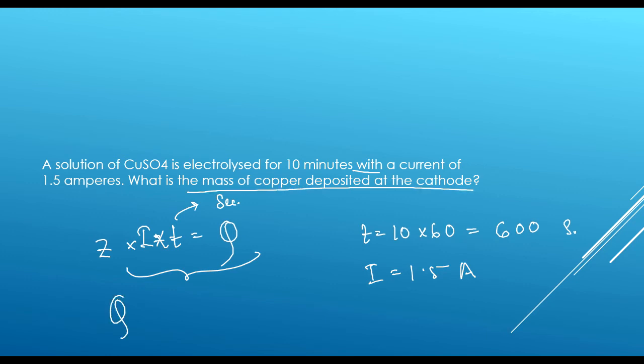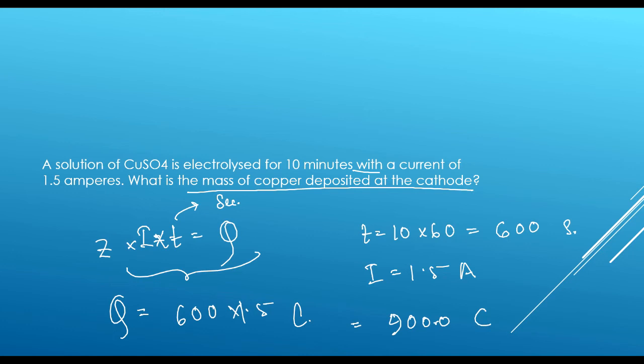The total charge is 600 second into 1.5 ampere, and we get Q in coulomb, which comes as 900 coulomb.